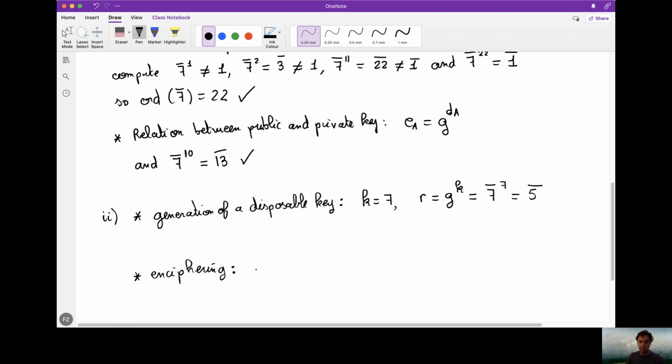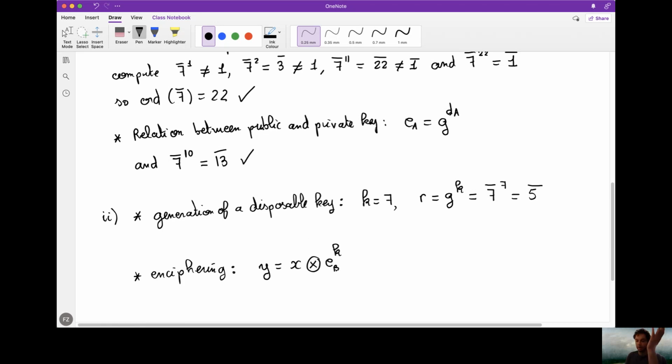The second part, the enciphering transformation. So you just need to remember the formula of how this works. So the enciphering message y is going to be equal to the plain text x multiplied by the, so we are sending a message to Bernard. Therefore, we are going to use the public key of Bernard, right? EB, and we're going to use the disposable key K. Okay, so that's how it works.